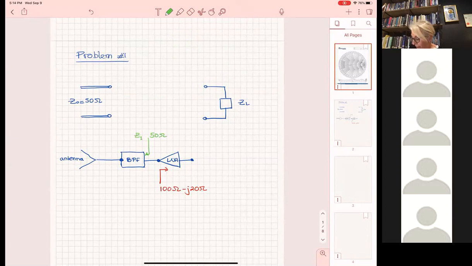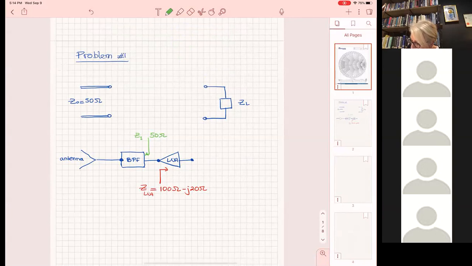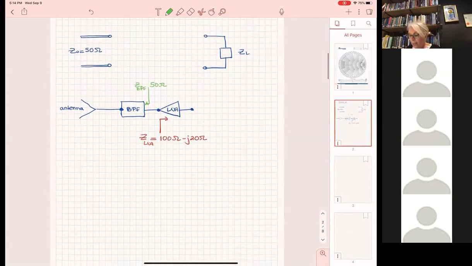When I look to the other end, I see Z from the LNA. And then, to be more accurate, the bandpass filter.